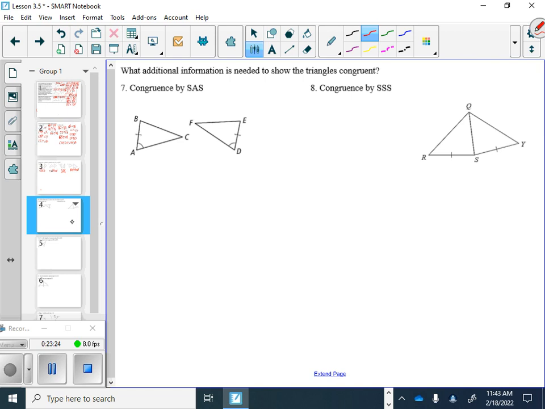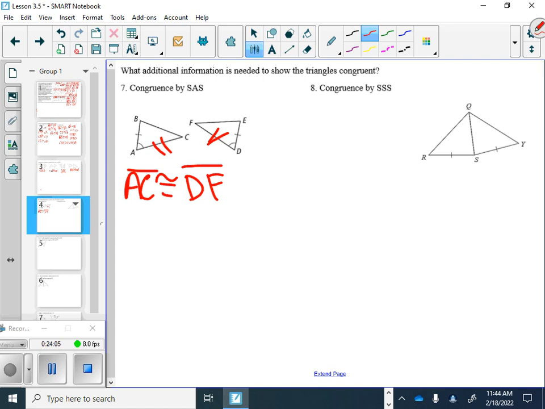AC and DF. Because if you start with this angle, then you have to start with the angle over here. I need the angle to be in between the sides. So that's why I can't choose BC or EF, because that angle is not in between. So I would need AC and DF to be congruent in order for this to be side, angle, side.